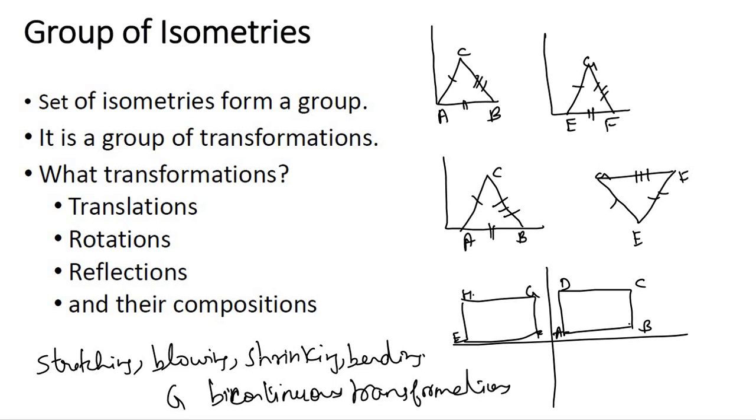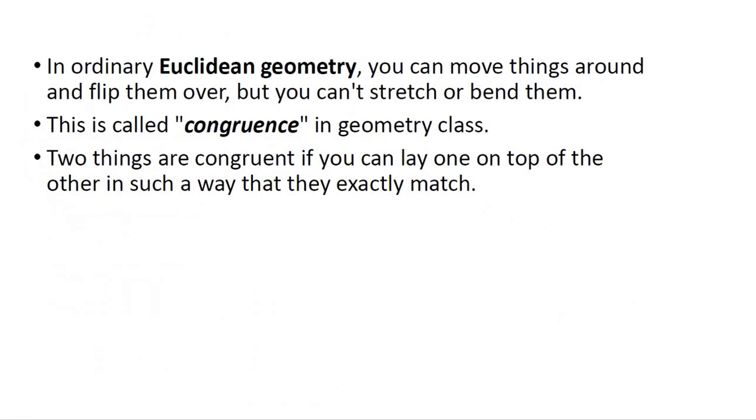So in topology, we study the properties which are invariant under the action of this bicontinuous transformation. And this bicontinuous transformation is known as homeomorphism. That is, f is continuous, f inverse is continuous, and f is a bijection.